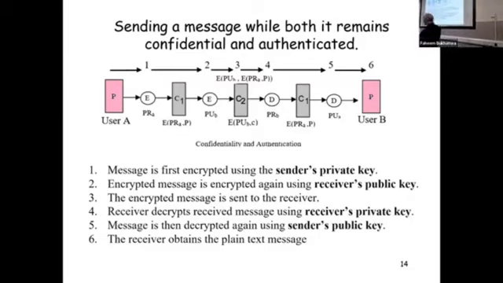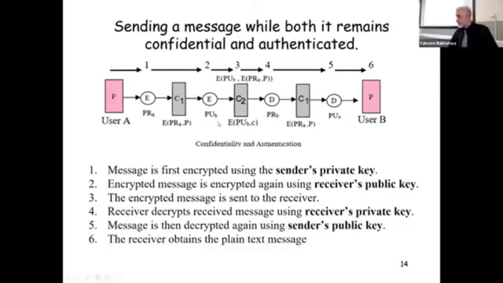we take the plain text message, that's from user A, and encrypt it using whose key? A's private key. PR is short for private, and A is user A, the sender. You can use S to indicate it's the sender. And that encrypted message is encrypted again using the public key of user B, who is the receiver.